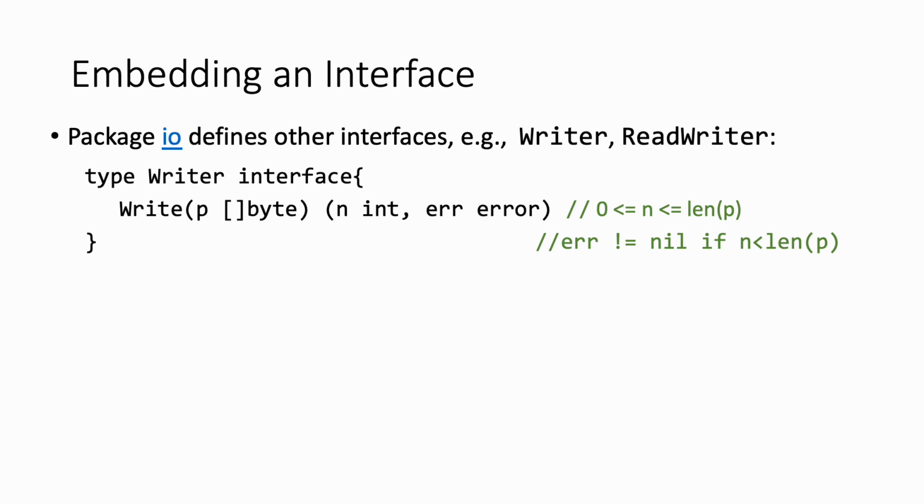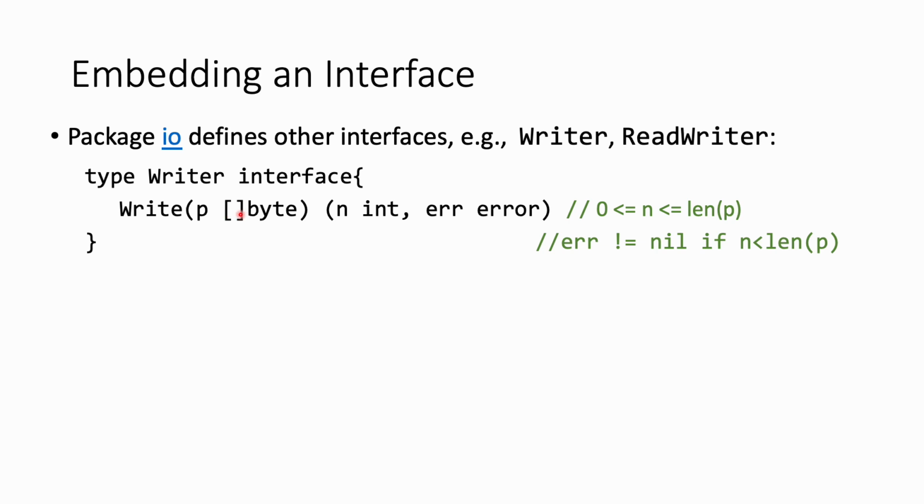Package io also defines other interfaces, including Writer and ReadWriter. Writer is the interface that wraps the basic Write method, which is the opposite operation of the Read method of the io.Reader interface. Method Write also takes a byte slice p as the only argument and writes length of p bytes from p to the underlying data stream.